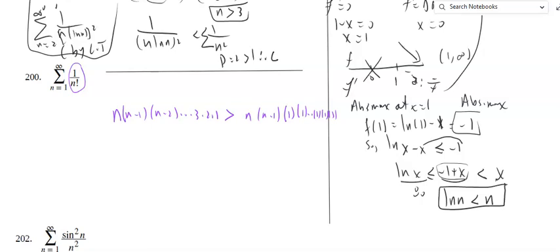We know that because I made this 2 a 1, which means this product is greater than that. So 1 over will switch this. 1 over n factorial is less than 1 over n times n minus 1.